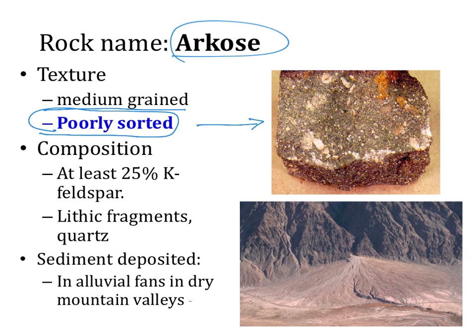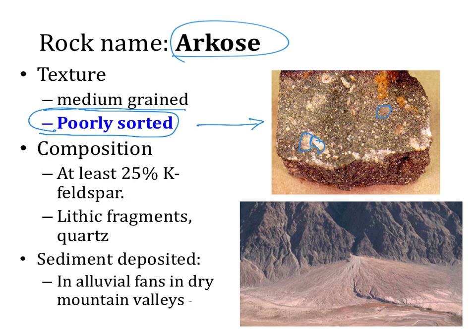This does not have that same nice uniform look to it that the quartz sandstone had. Poorly sorted means we have some grains that are larger than sand-sized, and it also means that we have some grains that are angular and some that are rounded. So you can certainly see some large grains here, right, that have been incorporated into this sandstone, and that's where that poor sorting comes from.